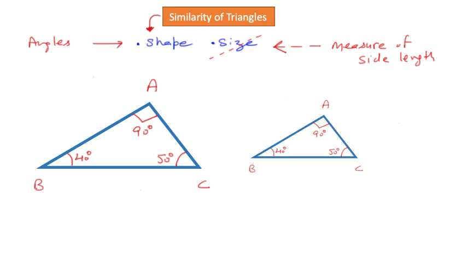Let us put some labels on these to better understand. This is my triangle 1 and the compressed triangle is triangle 2.